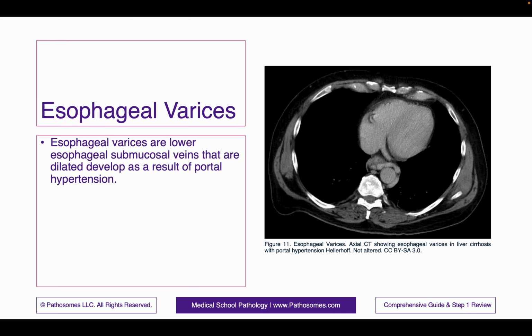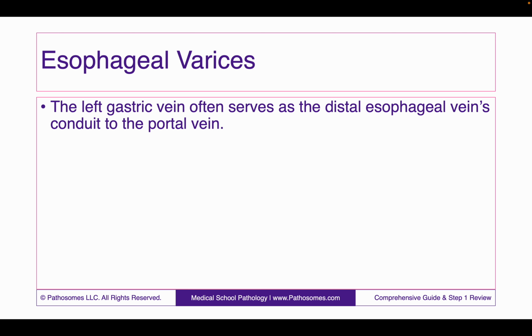Now let's talk about esophageal varices. Esophageal varices are lower esophageal submucosal veins that are dilated, that develop as a result of portal hypertension. Now you remember your anatomy, right?